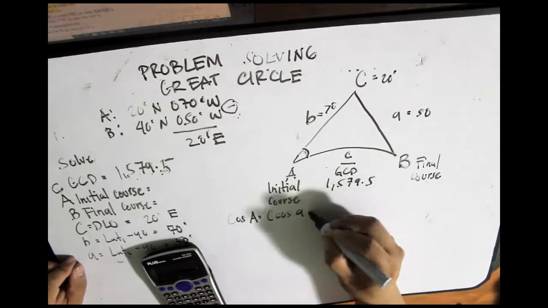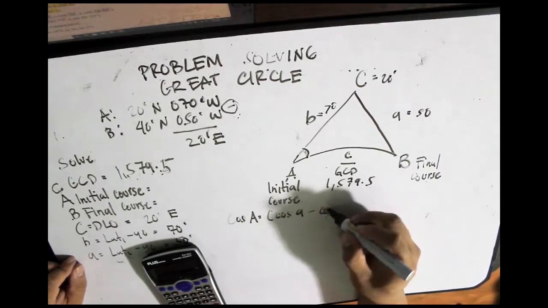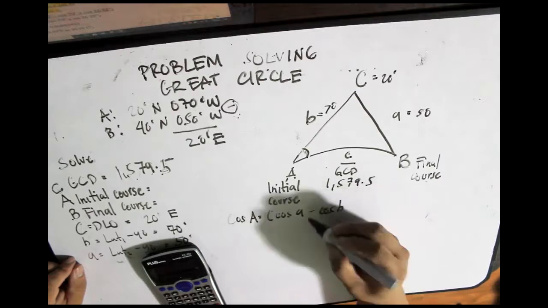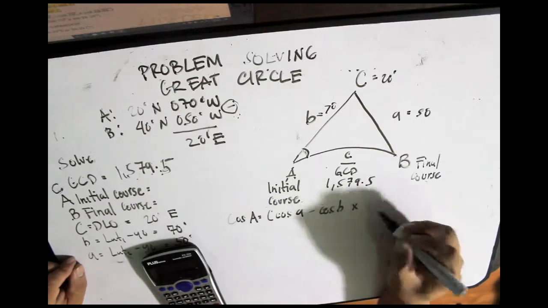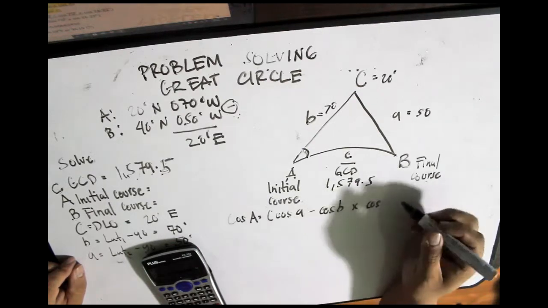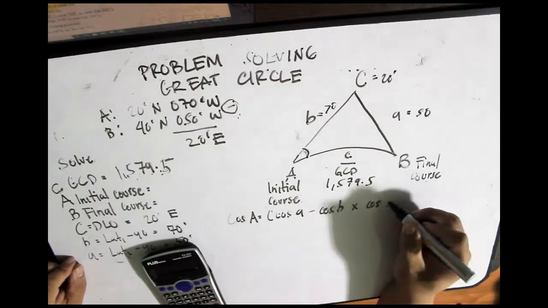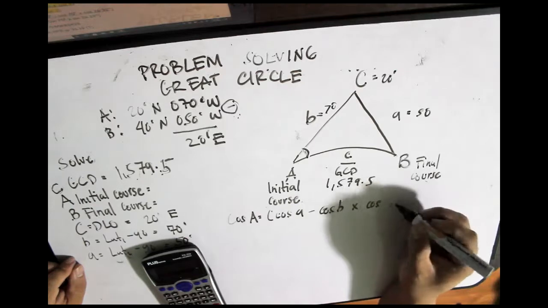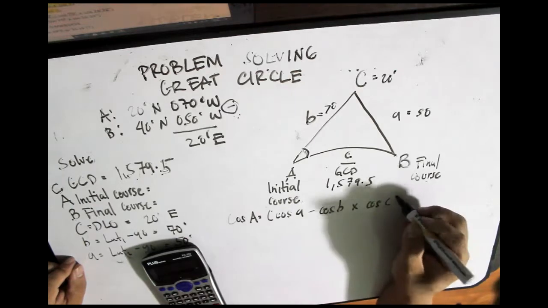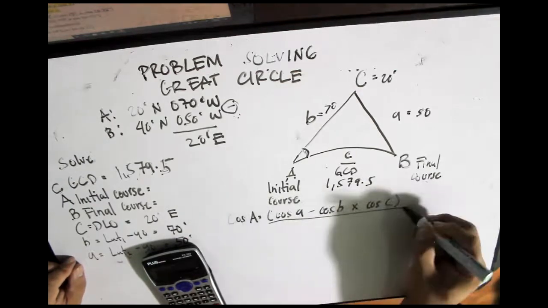Sa calculator. Kaya ko ginagawa yung may parenthesis. Minus cosine B times cosine C. Okay, yung kanina, yung cosine C natin. Close.